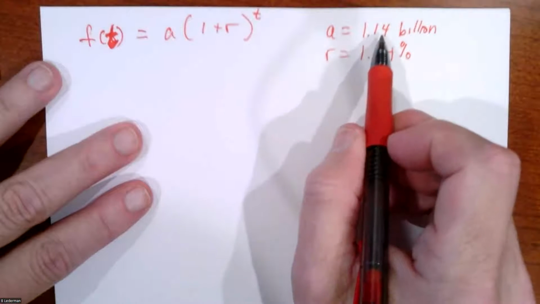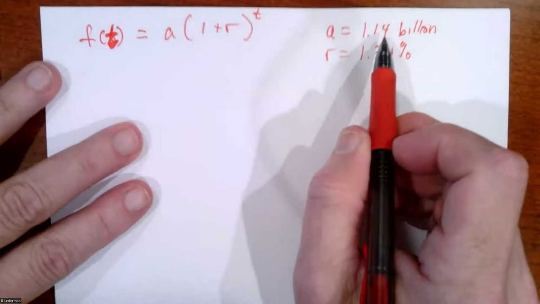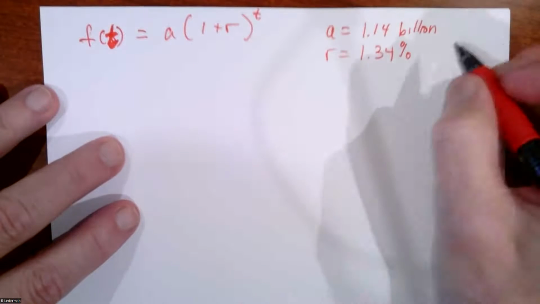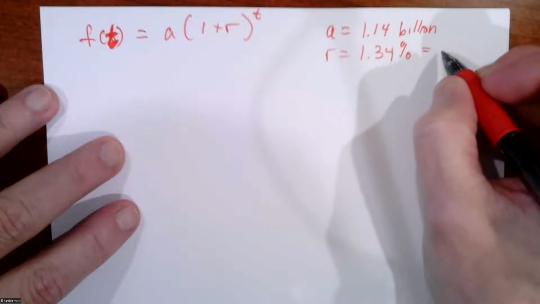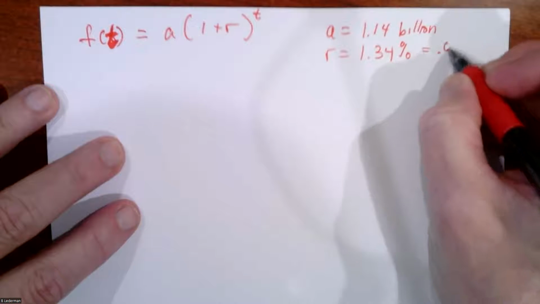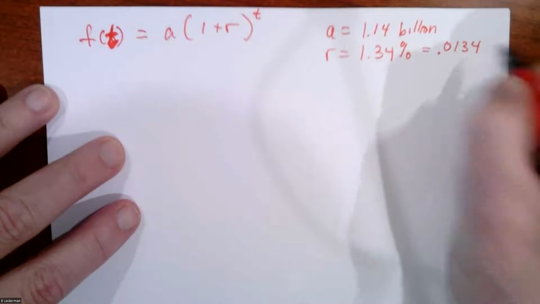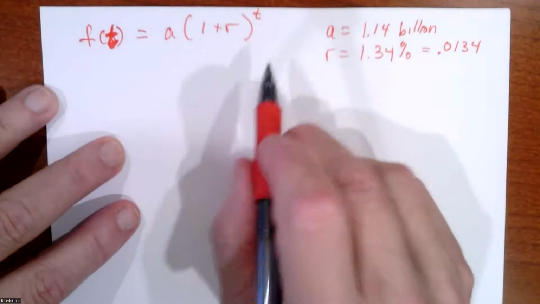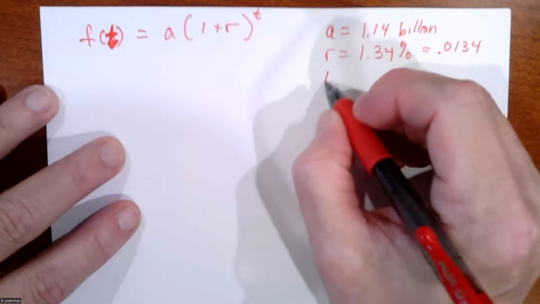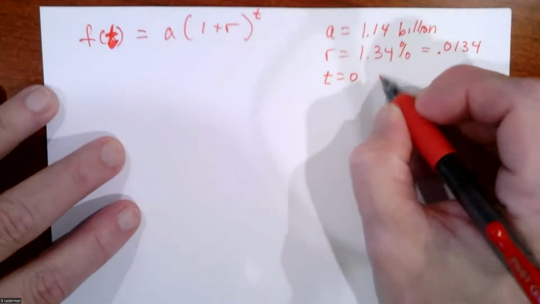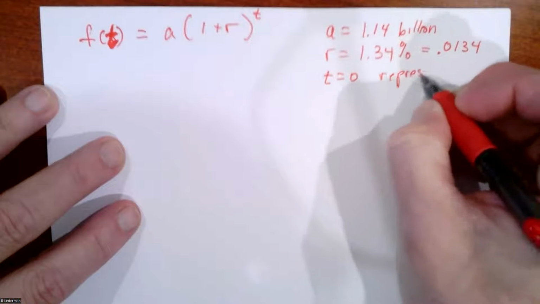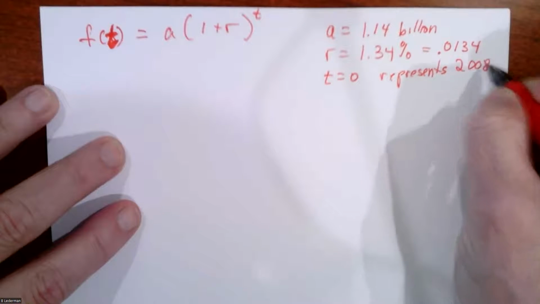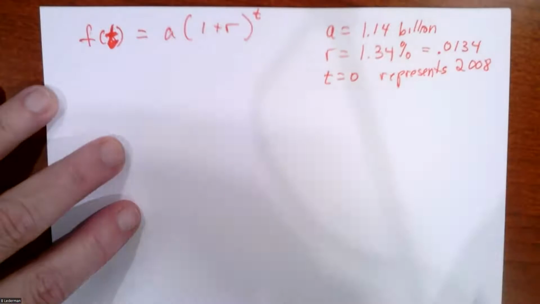A is the initial population, which we were given as 1.14 billion. R is the percent, but we're going to write that as a decimal, so it's 0.0134. And now t equals 0 represents year 2008. And we're going to need that really for part B.